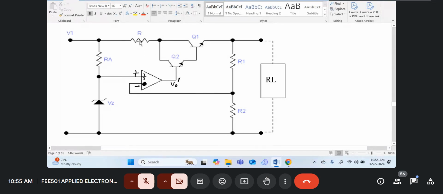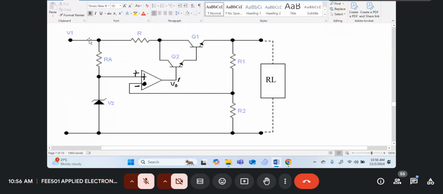Now there's this resistance R over here. Actually, it's been put in the wrong place. This R should be near the supply voltage, not here. This is to depict the output resistance of your unregulated supply.